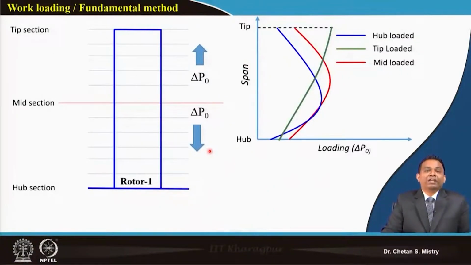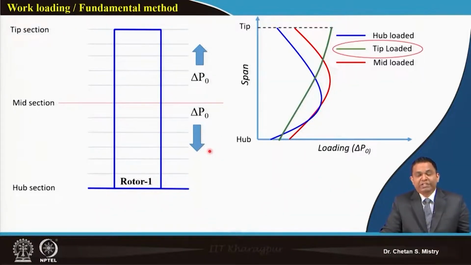What we realize, when we are talking about the fundamental design approach, is that we have great control in putting the aerodynamic loading on my rotor. We can think of a tip loaded rotor, a hub loaded rotor, or a mid loaded rotor. For the present case, we will be considering a tip loaded rotor.